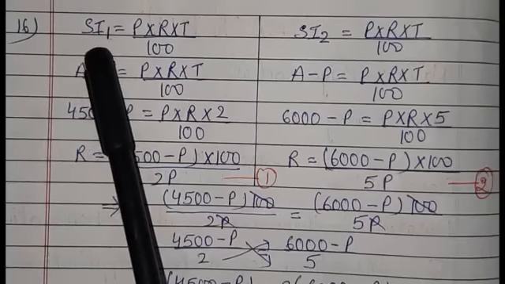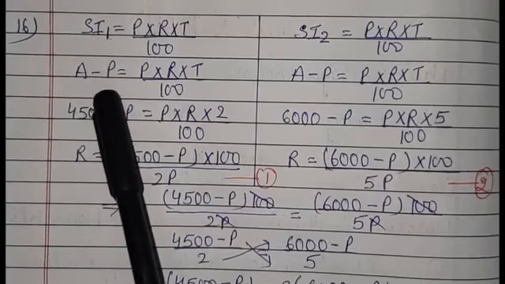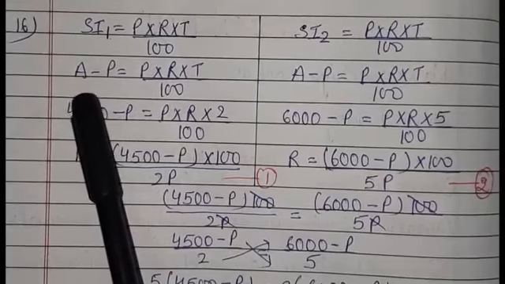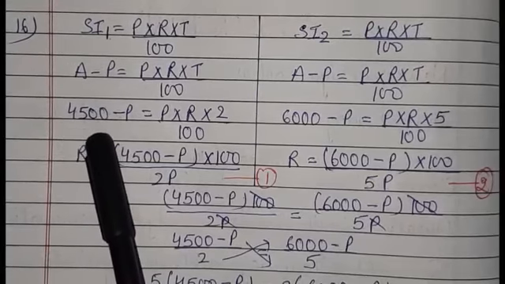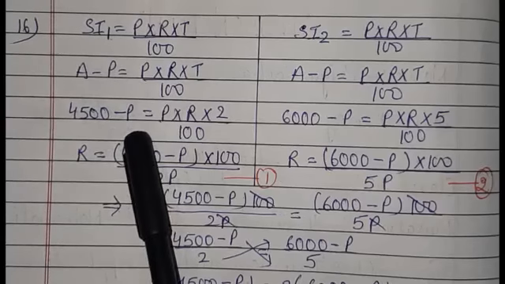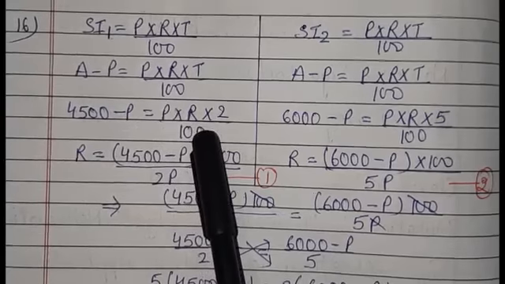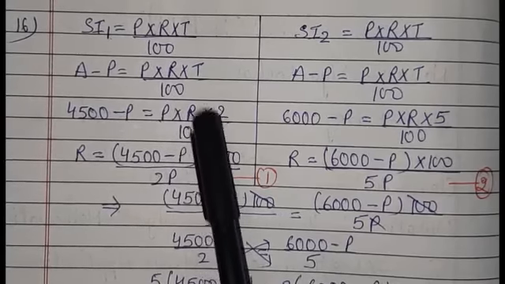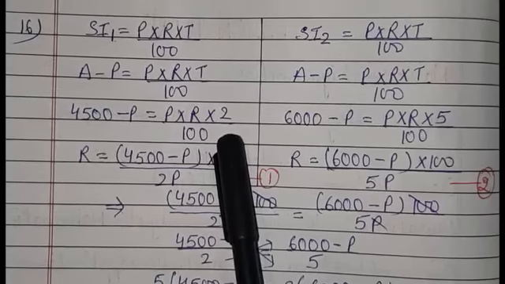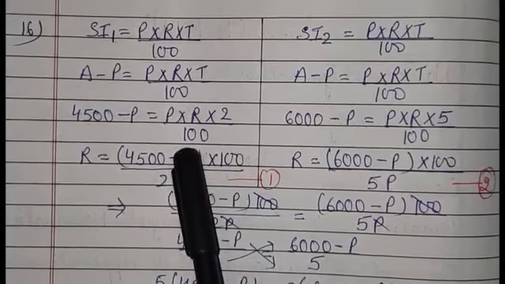But we know that simple interest is equals to amount minus principal. Here amount is given 4,500 minus P, which is not given here, is equals to P into R, which is also not given here. Time is given, that is 2 years, upon 100.